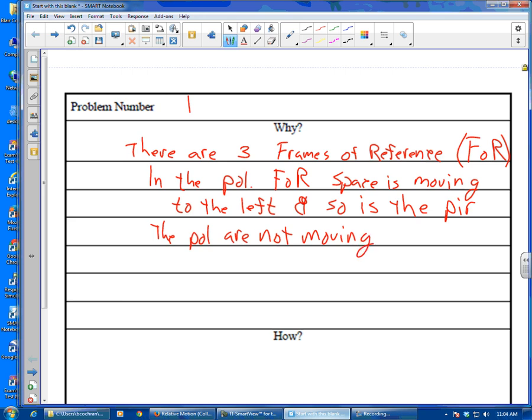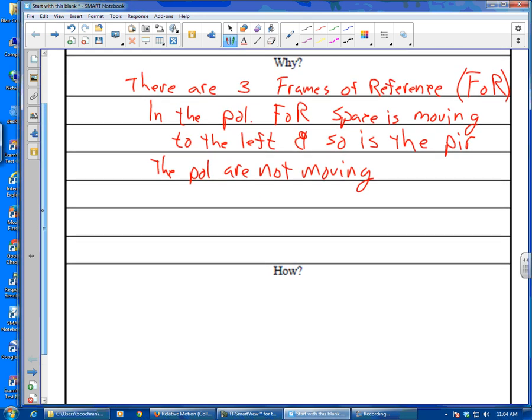So that's probably where I would start off with my why for this, recognizing that there are 3 different frames of reference that I could use, that since we chose to do it from the police's frame of reference, then space is moving to the left, and so are the pirates, and the police are not moving. So what I might even draw is what it looks like from that frame of reference.